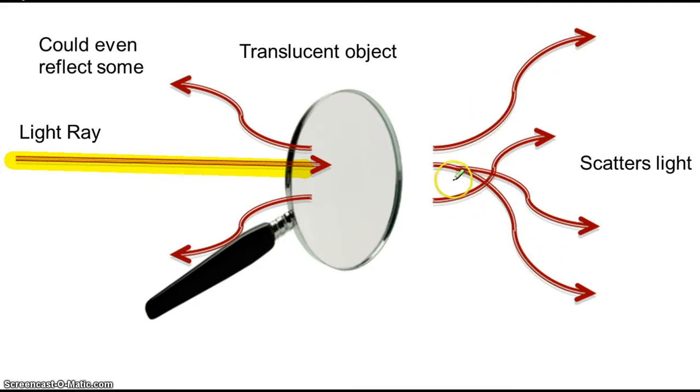It goes all different directions, and some of it could even be reflected. So not all of the light is making it through that translucent object. It's either being scattered or reflected.